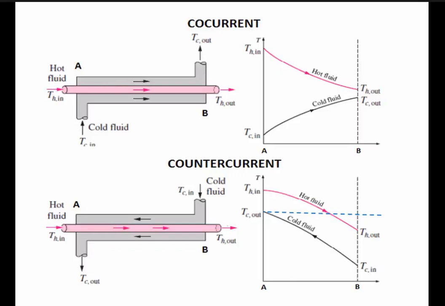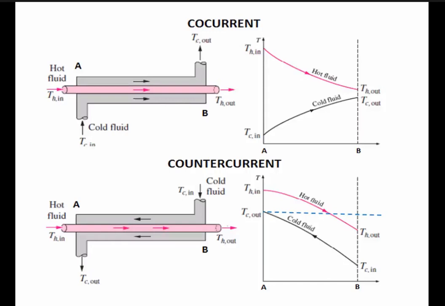Whenever you see a temperature cross, you need to go for counter current. Again, in advanced topics, I don't want to confuse you. This is the basis on which we will decide how many shells in series. I don't want to confuse you for the time being; you will understand later. So whenever you see a temperature cross, go for a counter current exchanger.